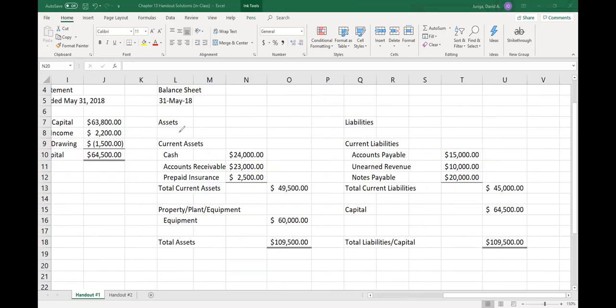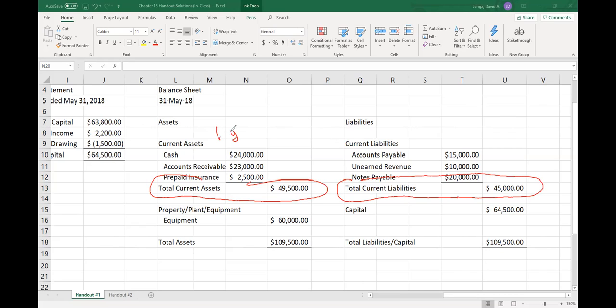What I'm doing here is comparing my current assets to my current liabilities. You've already put it in that format. So just standing back, the idea here is this: current assets are converted to cash or used within 1 year. Liabilities, same idea. They're due within 1 year.